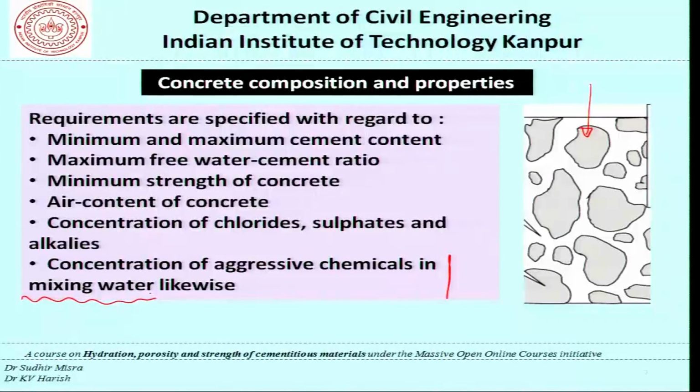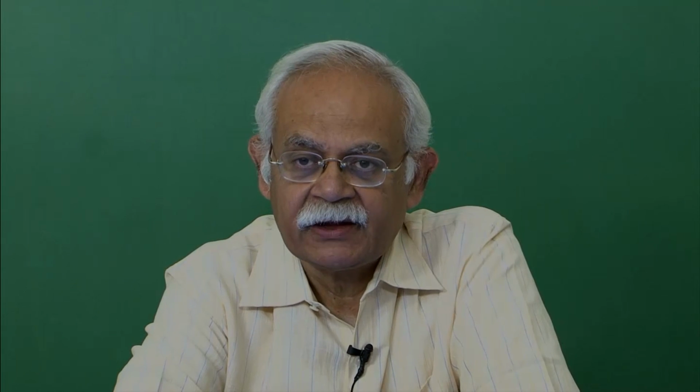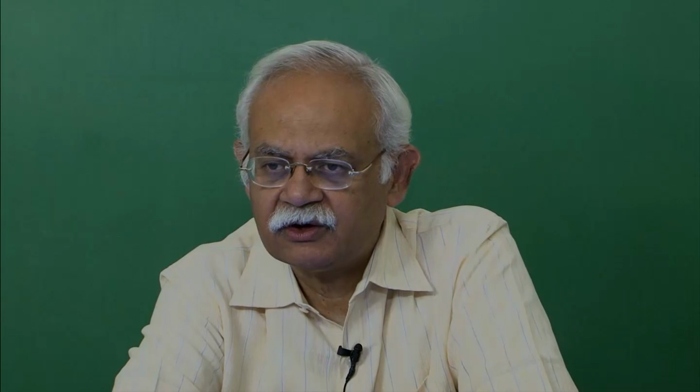We cannot really control the chlorides that will enter the concrete from outside, and therefore, in order to minimize the total chloride content in the concrete during the service life, one of the steps that we can take at the time of building the structure is to ensure that the chloride content in the fresh concrete is kept to a bare minimum. There can be a requirement that we will not accept concrete which has more than a certain level of chloride, and this level could depend on whether we have reinforced concrete or pre-stressed concrete or plain concrete and so on.